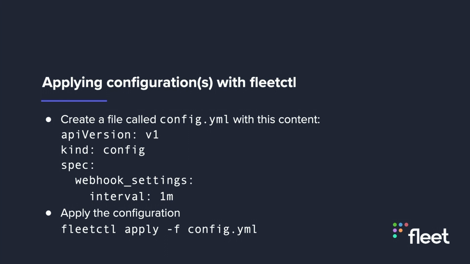Generally, the webhook is being called either once an hour or once a day, depending on what it is. Then you can use fleetctl apply and then -f to pass the file of config YAML. I don't actually recommend doing this, but in a demo environment where you want things to happen really quickly, it's nice to have that webhook firing every minute instead of waiting an hour from when you last did that. So this is a workaround for that.